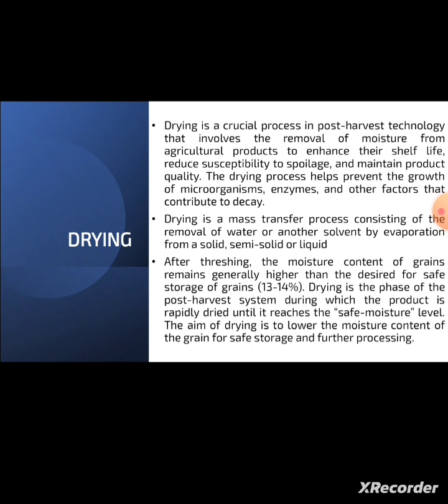This drying is nothing but heat and mass transfer, consisting of removal of water or any other solvent by evaporation. So after threshing, the moisture content of the grains needs to be brought down, because generally after harvesting the moisture content will be higher than what is needed for safer storage of grains. So the drying phase plays a crucial role in post-harvest technology.